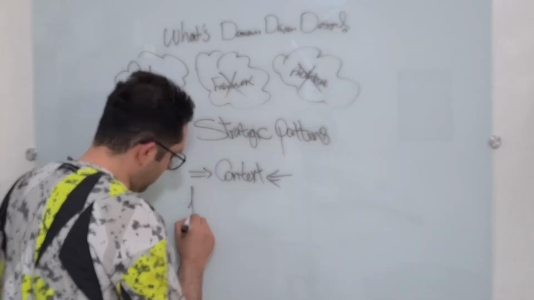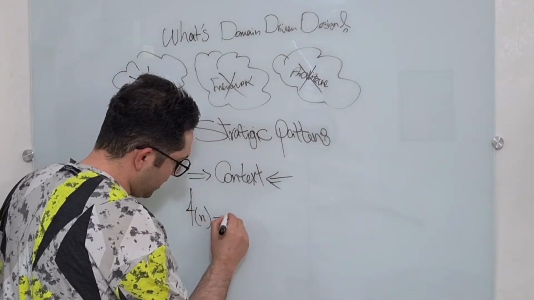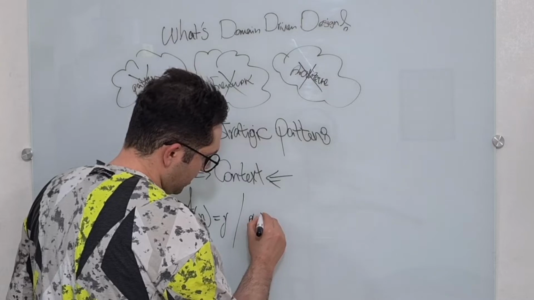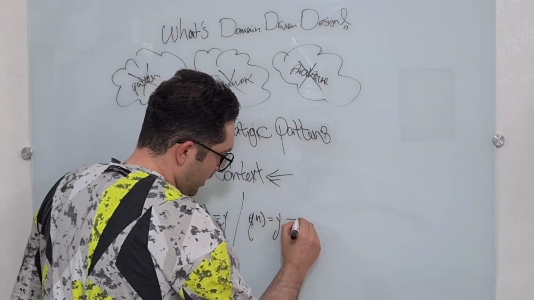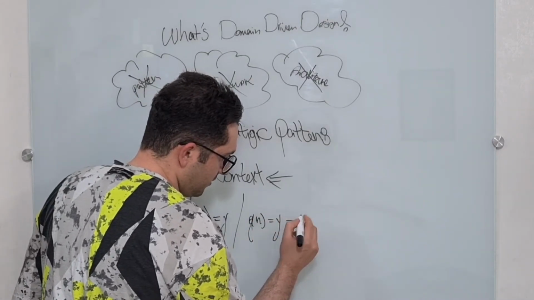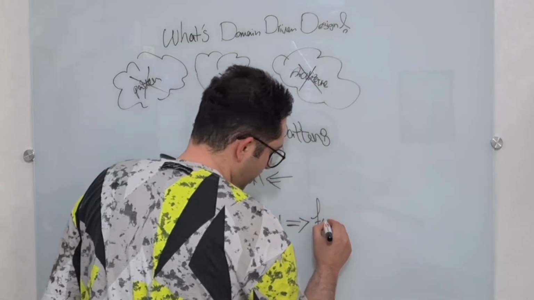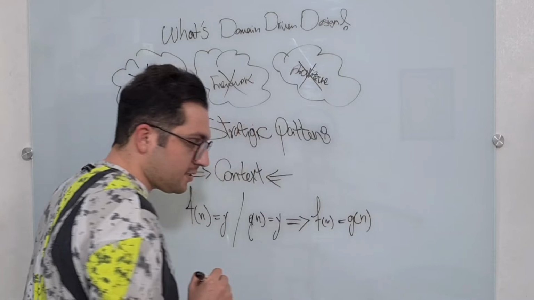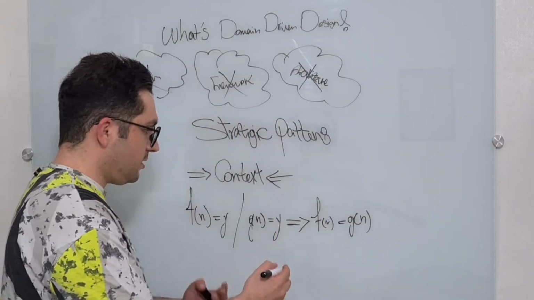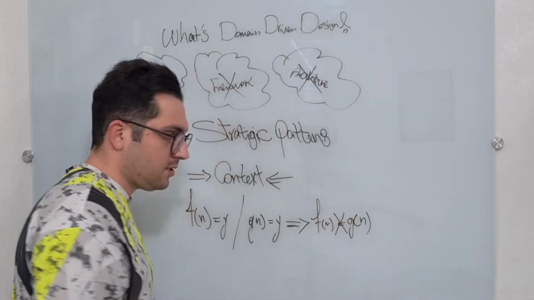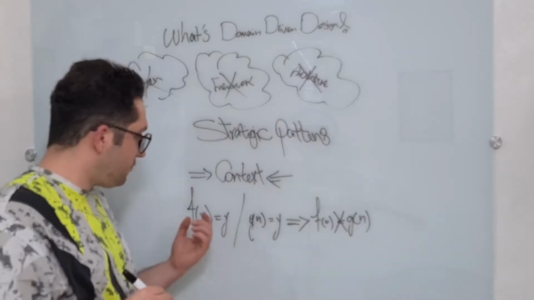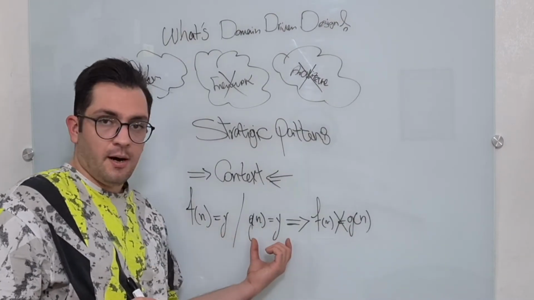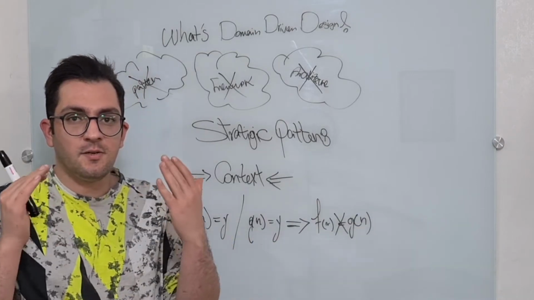For example, if f(x) equals y, and g(x) equals y, can we conclude that f(x) equals g(x) or not? No, we're not able to conclude this. It means that if two behaviors have the same outcome, it doesn't mean they are replaceable.